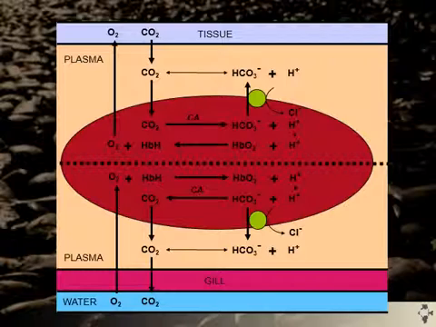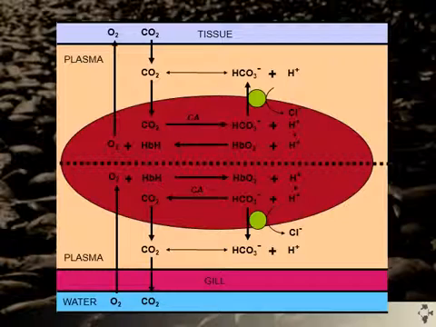Once the oxygen is bound to the hemoglobin, it doesn't count in terms of the partial pressures or concentrations of oxygen in the plasma. It's just not in the plasma anymore. So that's going to continue to keep the concentration gradient of oxygen in the water relative to the plasma and the red blood cell in favor of continued diffusion of oxygen into the bloodstream.